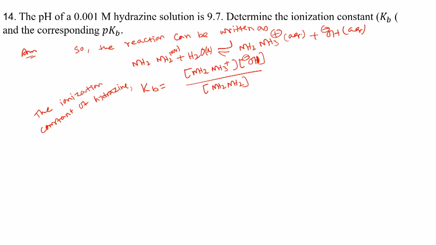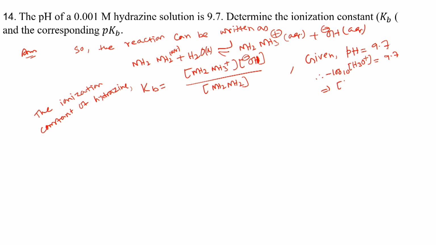Now the given pH is 9.7, right? Therefore minus log base 10 of the concentration of H3O plus is 9.7.